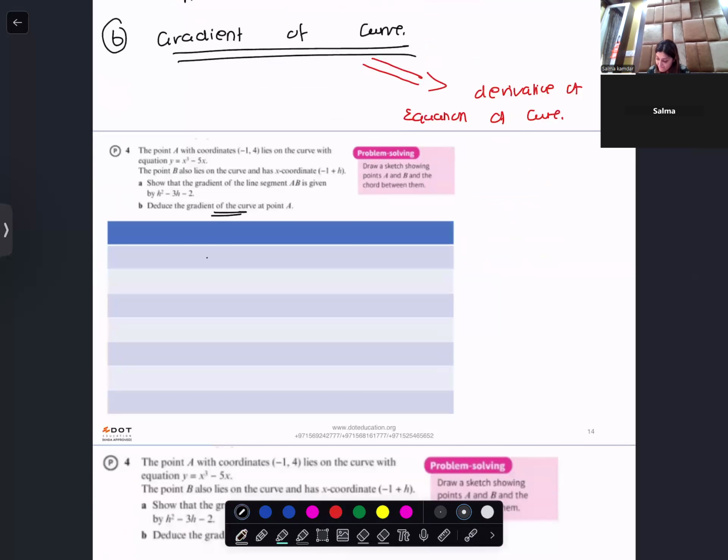Now I have y is equal to x cube minus 5x. I want to find the gradient of the curve at point A.